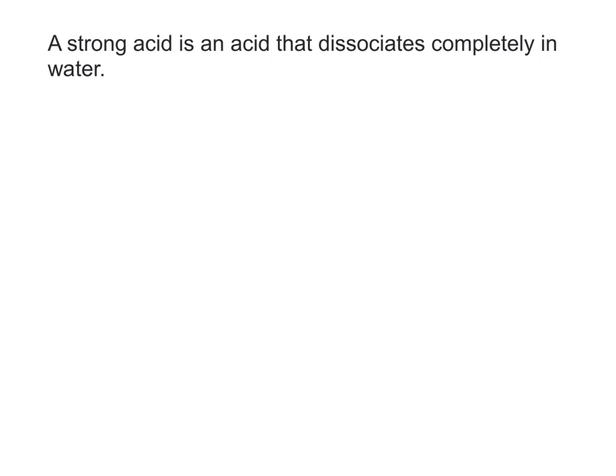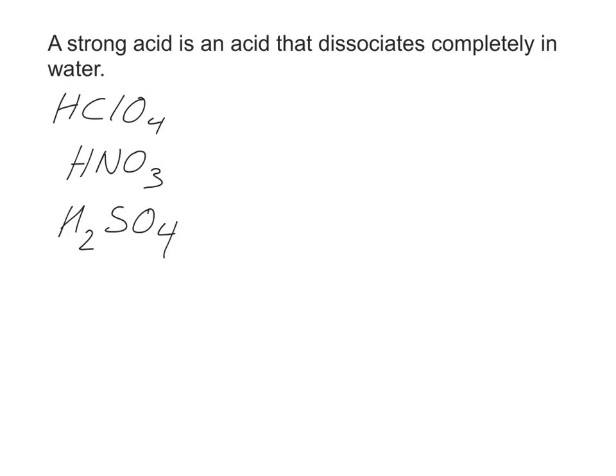A strong acid is an acid that dissociates completely in water. You're responsible for knowing your strong acids. Your strong acids are perchloric acid, nitric acid, sulfuric acid, then your halogenic acids, hydrochloric, hydrobromic, and hydroiodic.